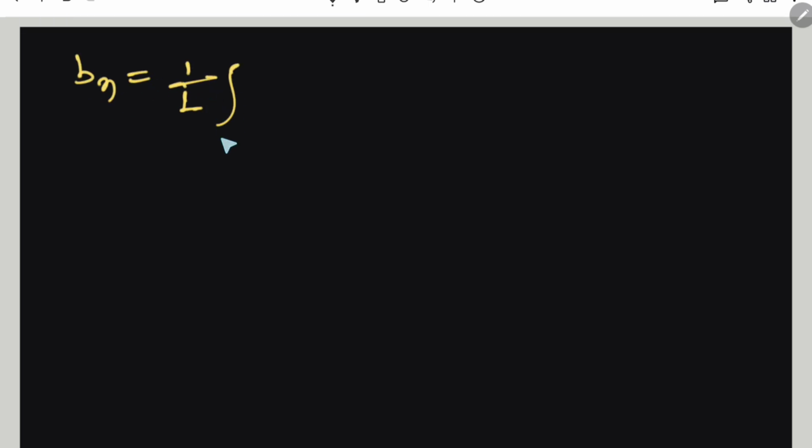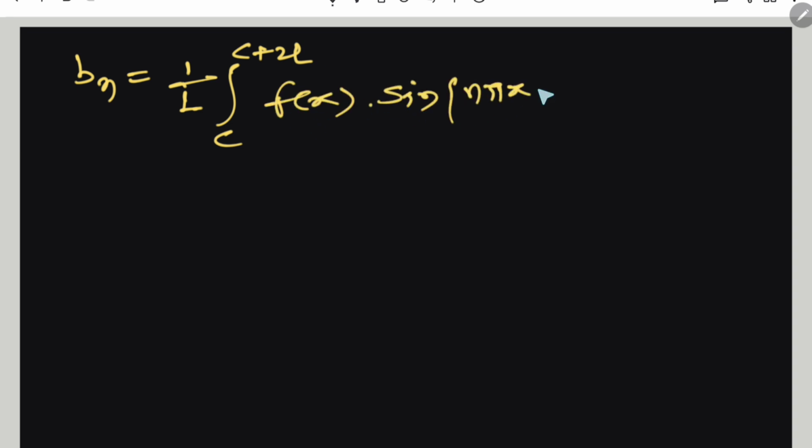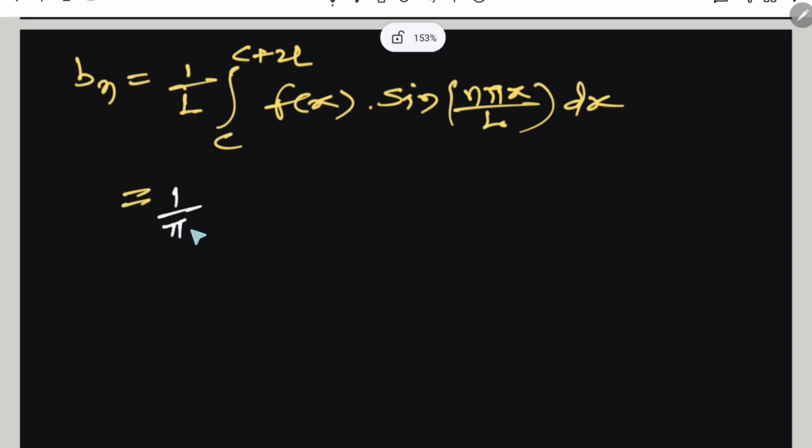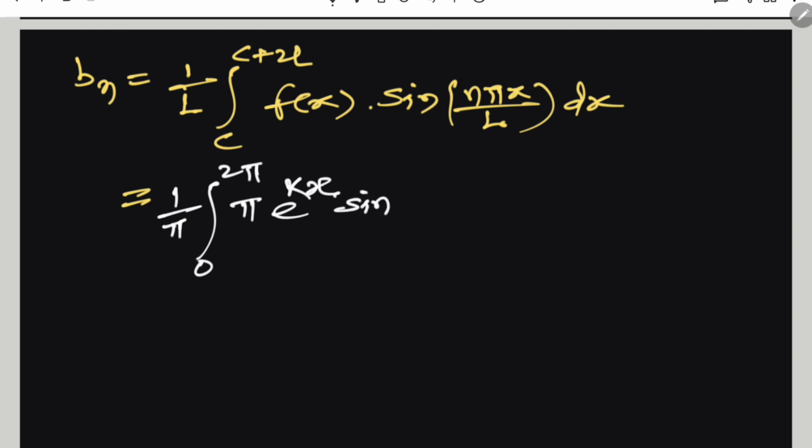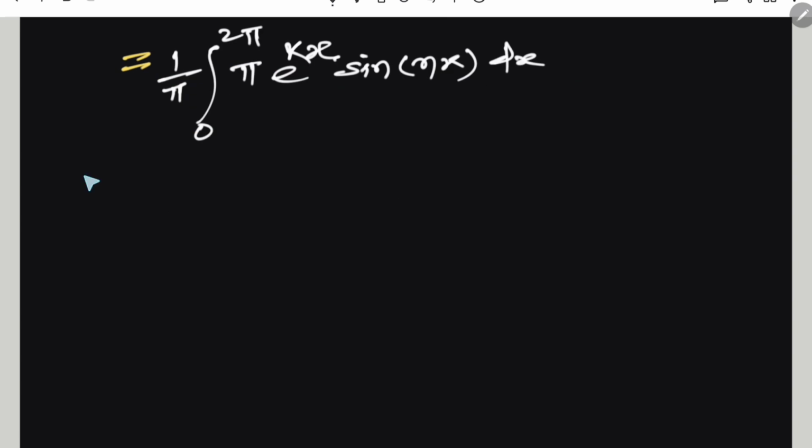Then similarly we find bn. The formula is 1 by L integration from c to c plus 2L f of x sin of n pi x divided by L with respect to x. That is 1 by pi integration from 0 to 2 pi, f of x is e raised to kx, sin of nx dx.